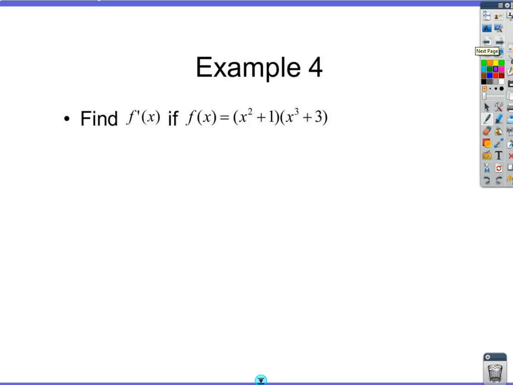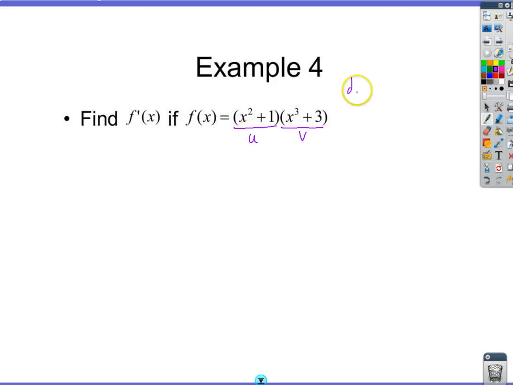Anyway, here we go. So here's this example. Now I could go ahead and multiply it all the way out and find the derivative from there. But I'm going to show you how to use the product rule. I'm going to encourage you to multiply it out and find out that it works the same. So in a product rule, this function is my u, this function is my v.